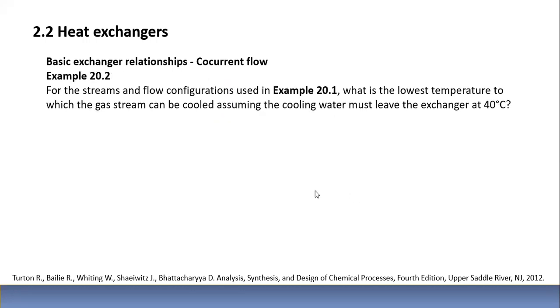Example 2. For the streams and flow configurations used in example 20.1, what is the lowest temperature to which the gas stream can be cooled, assuming the cooling water must leave the exchanger at 40?